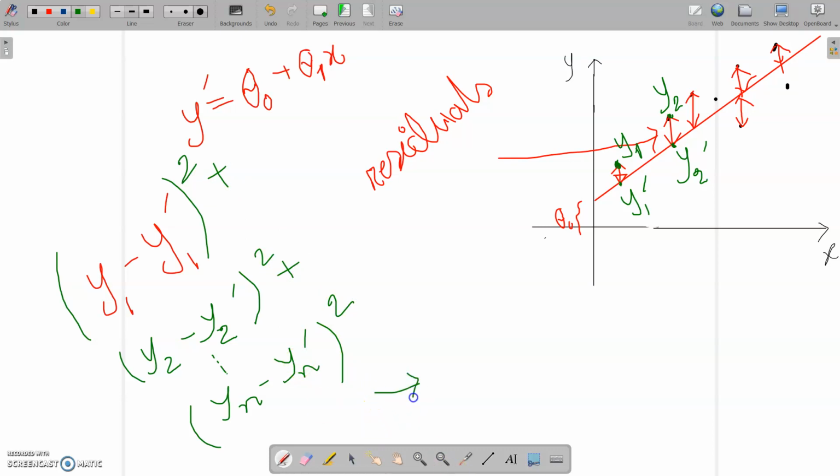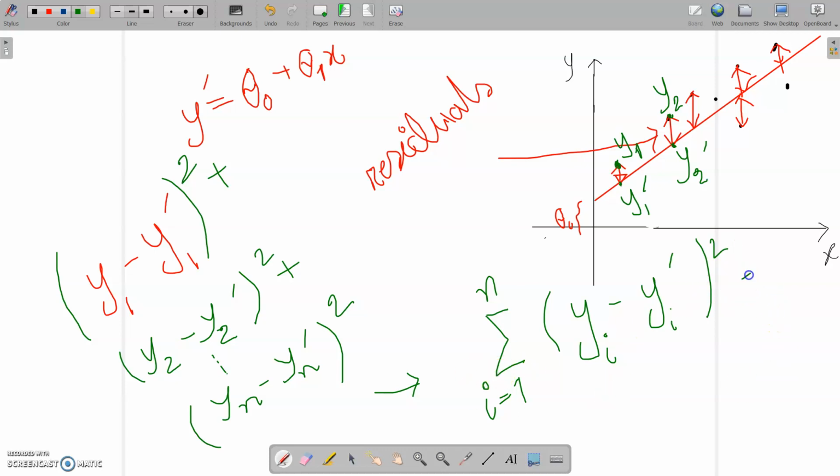So we can write it this way: summation of i equals 1, the first point, to the nth point. From the first point to the nth point, what are we calculating? yi, the original value, minus yi prime, the predicted value, and their square. You can think of this as your function.